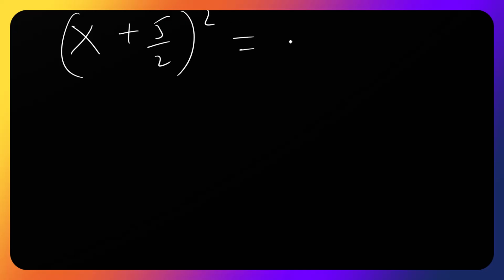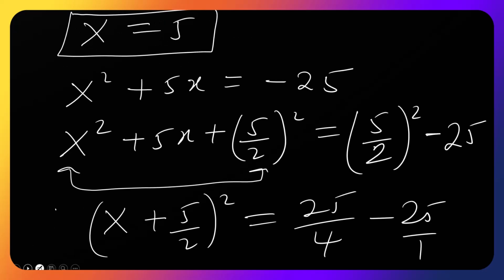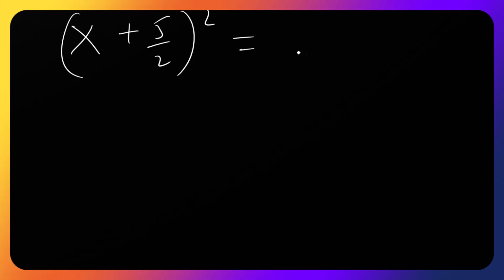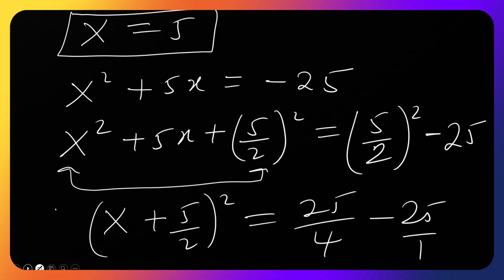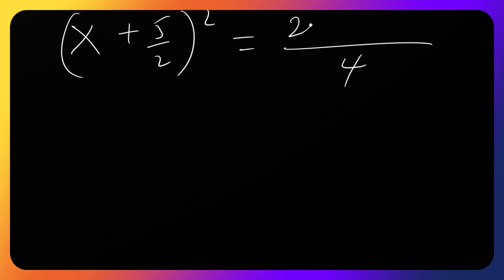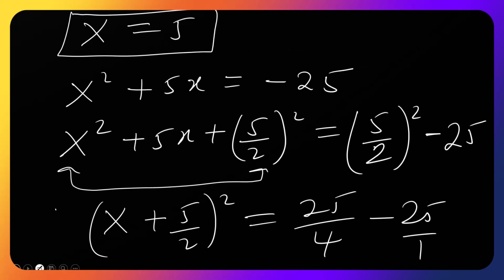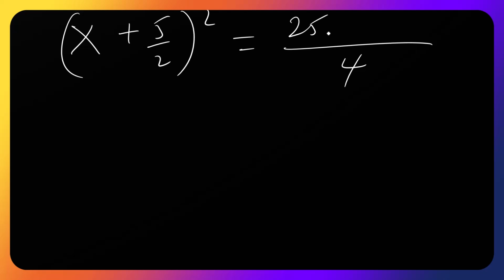Let's find the LCM here, so that will be 4. 4 into itself is 1 times 25 is 25, and 1 into 4 is 4, times 25 will be 100.